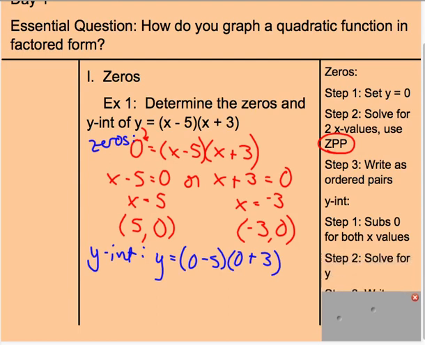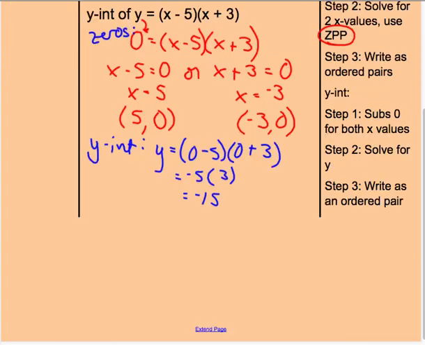Well, 0 minus 5 is negative 5, 0 plus 3 is 3, so I have a y value of negative 15. Write this y value as an ordered pair. It's our y-intercept. We started by substituting 0 for x, and we solved to get negative 15 for y.